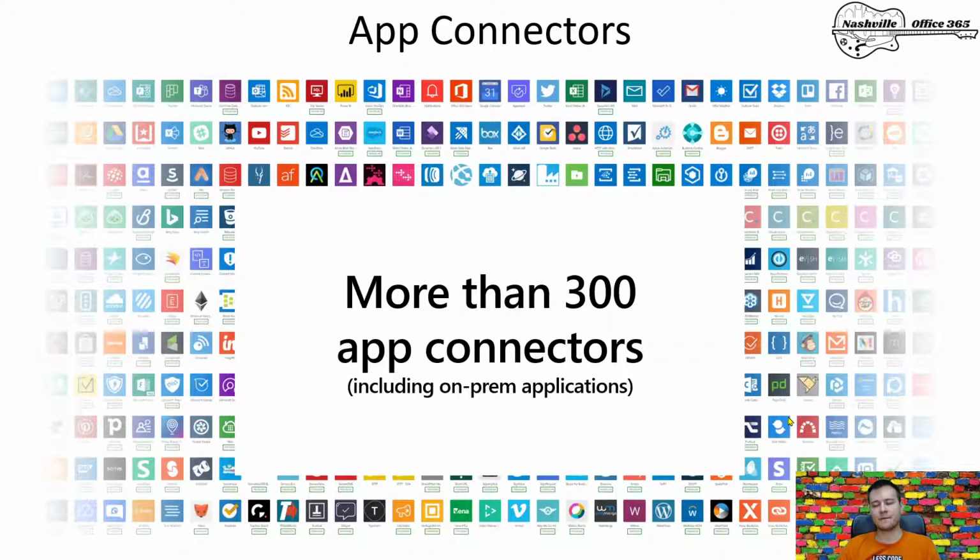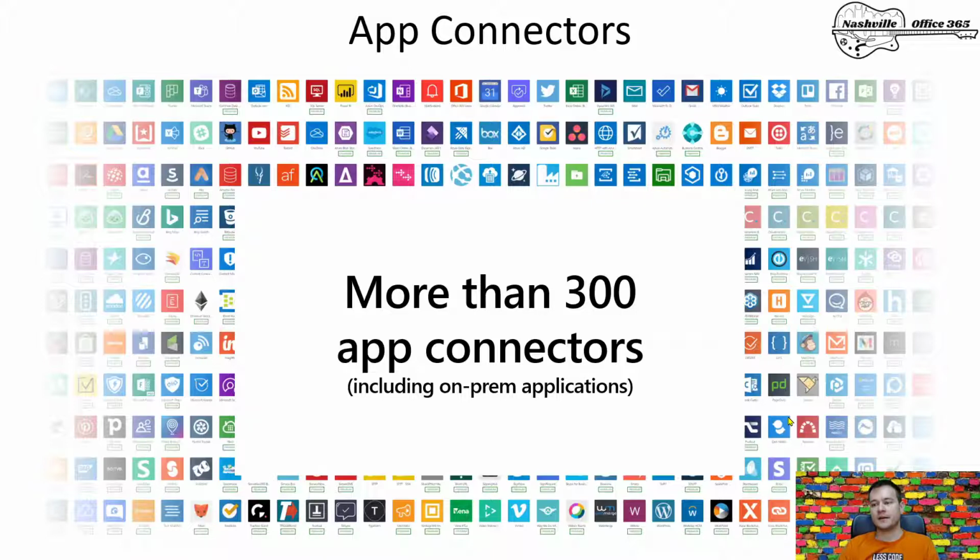And these connectors are not only to Office 365 or Microsoft 365 endpoints and applications. These are connectors to many third-party tools and services that are hosted around the world, around the internet, that we can incorporate in our business processes and make them even more intelligent.